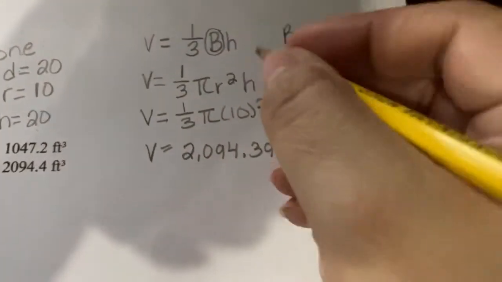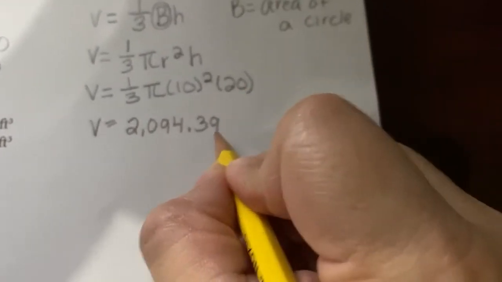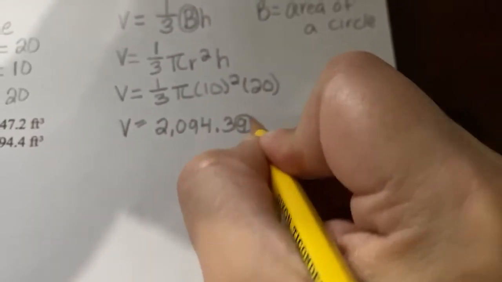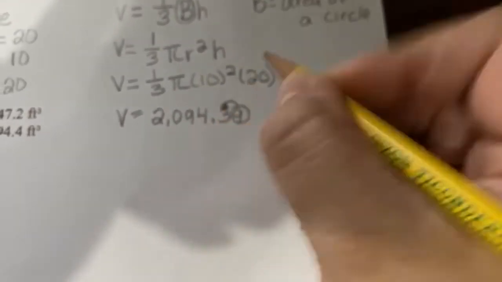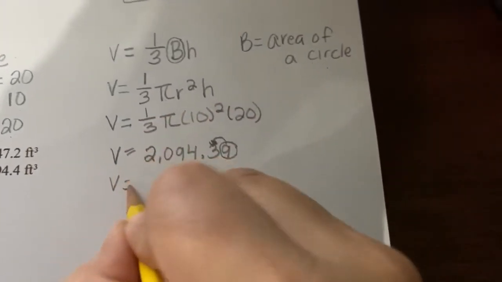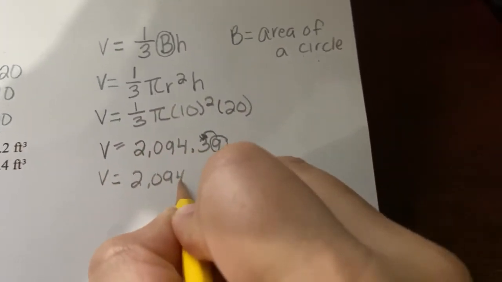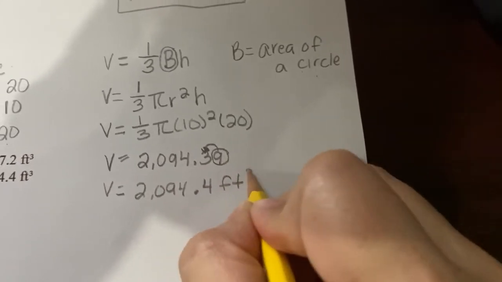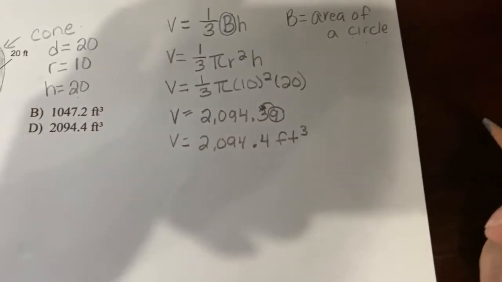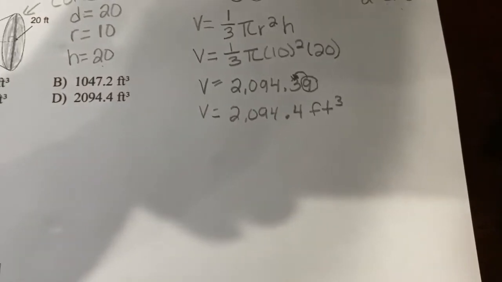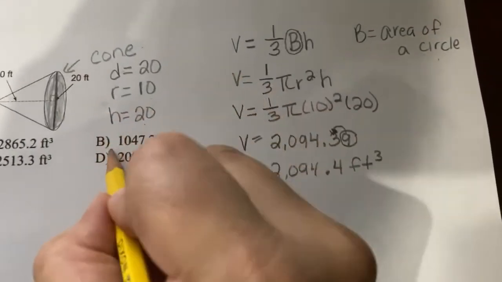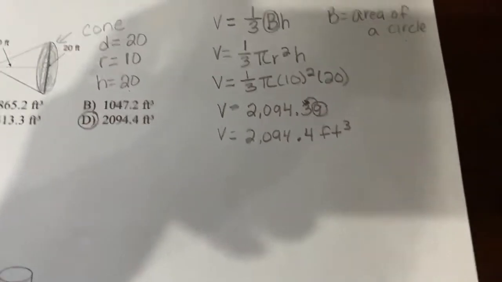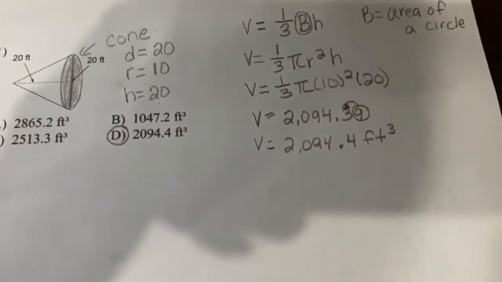Okay, and so that hundredths place is going to tell my tenths place to round up 1. And so my final answer is 2,094 and 4/10 feet to the third power.